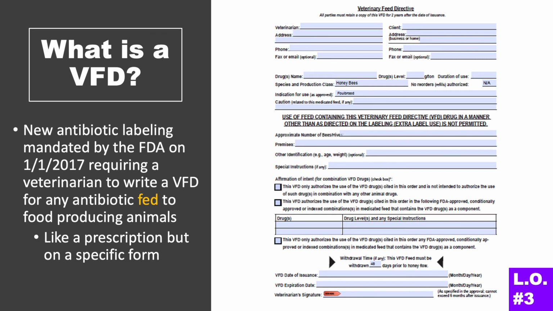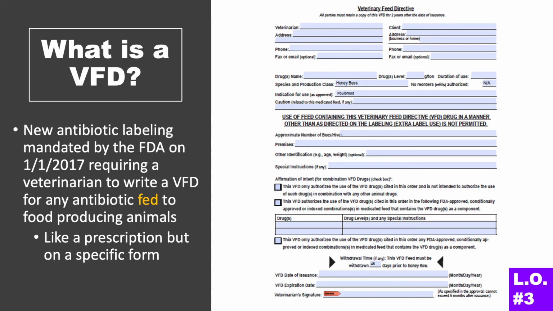You can see the elements that are included on the veterinary feed directive include the veterinarian's name and contact information, the client's name and contact information, the antibiotic that's going to be used. Of course, with honeybees, it can only be oxytetracycline, lincomycin, or tylosin. And the disease that we're using it for is only going to be American or European foul brood.